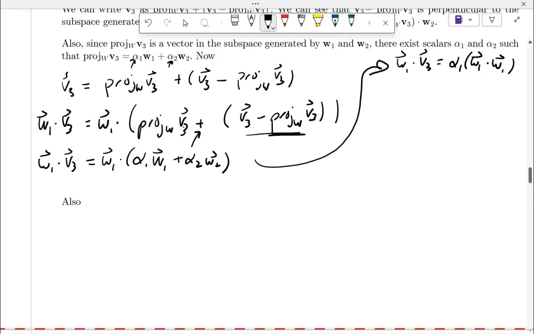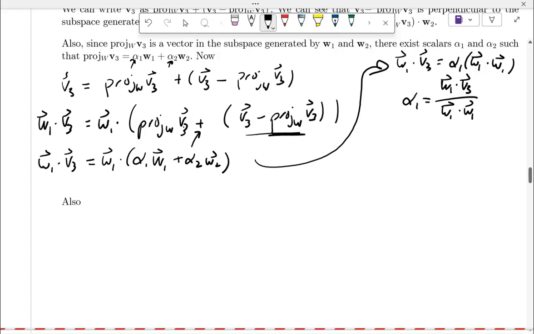And now I can divide, so alpha 1 will be W1 inner product with V3 over W1 inner product with itself, which looks familiar, doesn't it? Yep. This is the coefficient you would get if you just project V3 onto W1.